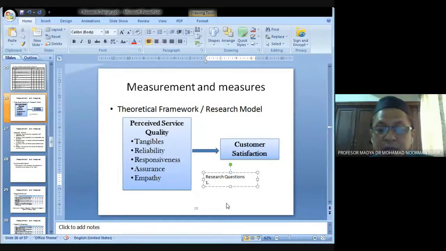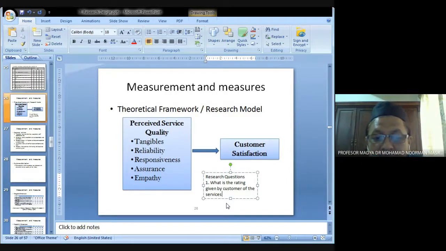How do customers, what is the rating given by customer of the services?